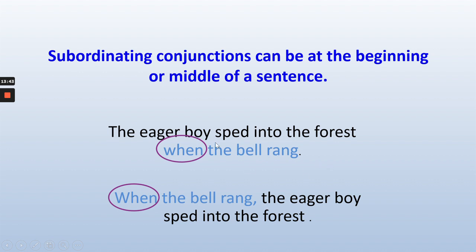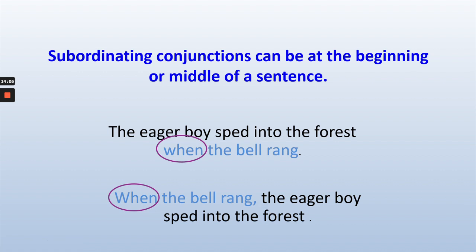But we could swap this dependent clause and put it at the beginning of the sentence. This sentence has the dependent clause at the beginning of the sentence. When the bell rang, the eager boy sped into the forest. The dependent clause is at the beginning of the sentence, when the bell rang.